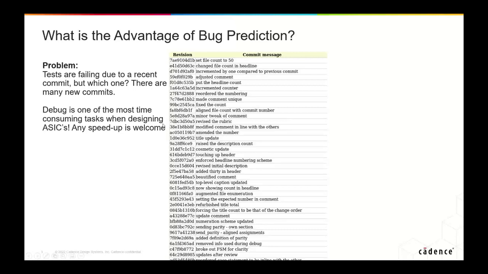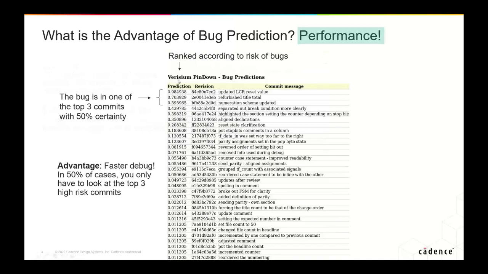Okay, so what we do with bug prediction is basically sort this list in terms of risk. We add a prediction value between 0 and 1 for each commit, and then we sort these recent commits in order of probability of containing bugs.